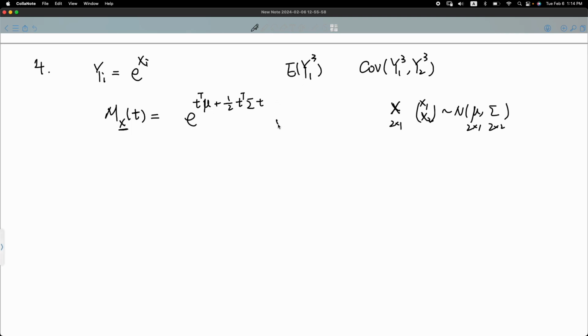So that's a known formulation coming from the multivariate normal. We can also set another equation. Maybe I'm just using the right hand, this part.